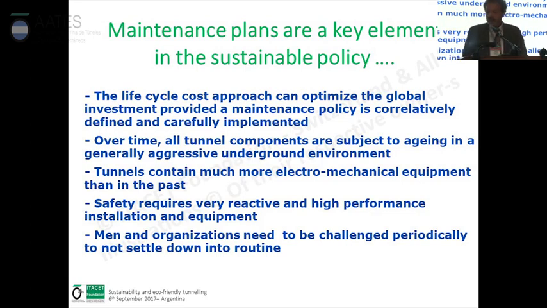There are many, many more electromechanical equipment than in the past. For safety requirements, they are very equipped. Safety requires very reactive and high-performance installation and equipment. And also, men and organization need to be challenged periodically to not settle down into routine.